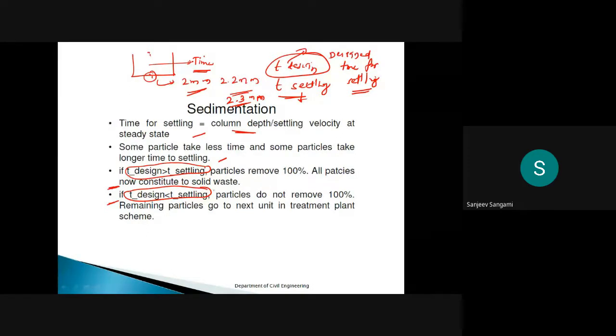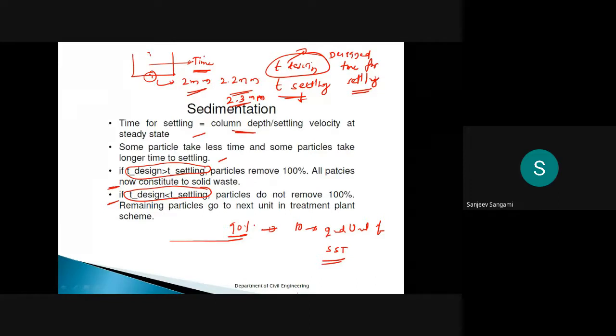The remaining particles go to the next unit of the treatment scheme. If this happens in the second case, most of the particles will not settle. Assume it settles only 90%, then the remaining 10% will go to the second unit of the treatment process, that is the SST, the secondary settling tank.